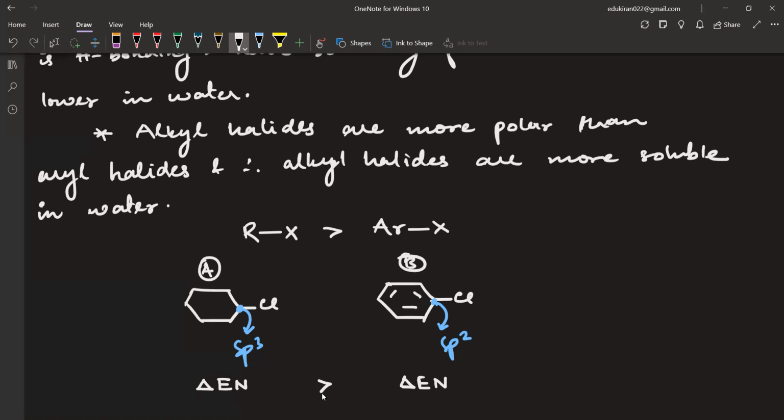Because sp3 carbon has lower electronegativity, sp2 has higher electronegativity, and chlorine also has higher. So the difference between these two will not be very high, and since the electronegativity difference is very low in haloarenes, they are less polar. So write this down. Let me know when you're done.